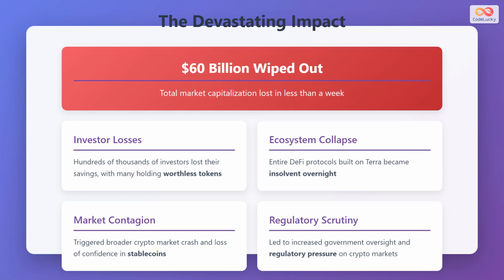The collapse triggered contagion throughout the broader cryptocurrency market, causing a significant crash and widespread loss of confidence in stablecoins. Additionally, it led to increased regulatory scrutiny, with governments around the world implementing stricter oversight and regulatory pressure on cryptocurrency markets.